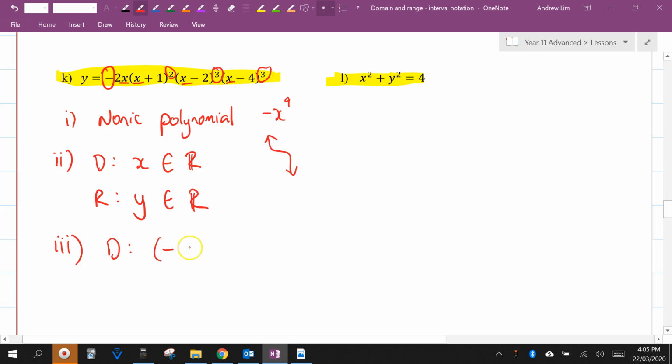It goes from negative infinity to infinity. Remember, whenever we use infinity or negative infinity, we have to use curved brackets. The range is exactly the same, from negative infinity to infinity.